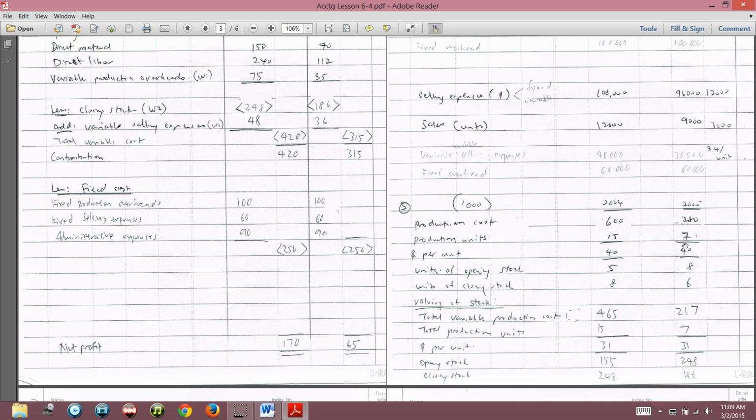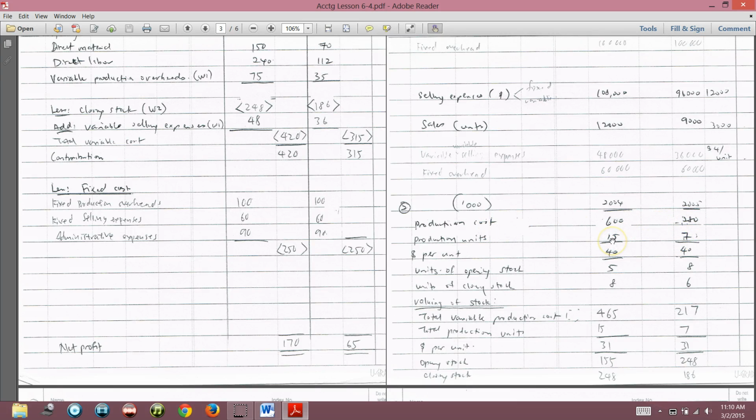now you can know the value of one unit of your stock. So this is the production cost according to the absorption costing principle. The production cost includes the fixed production overhead, and the production unit is so much.